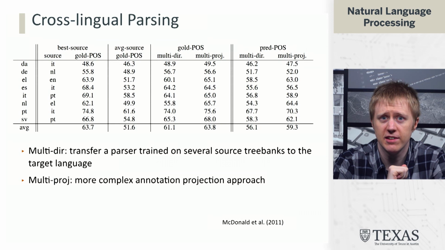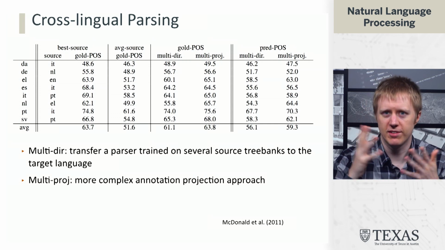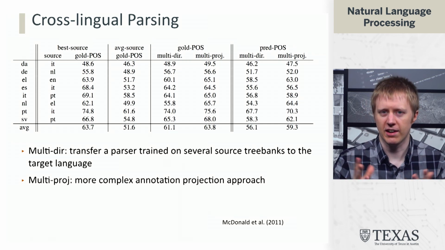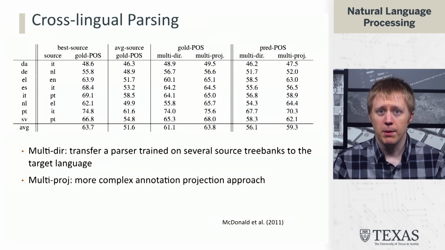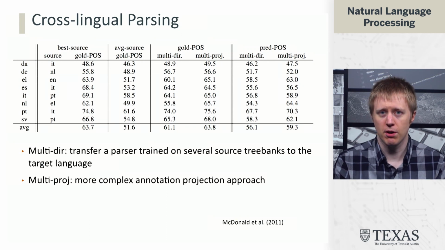It's getting like 61% dependency accuracy on this, even when it has access to gold part-of-speech tags. But I'll point out that this is significantly better than you would get with an unsupervised approach. And there's ways to make this better. This multi-proj approach basically has a way of actually learning a parser with lexical features in the target language using a more complex way of doing things.